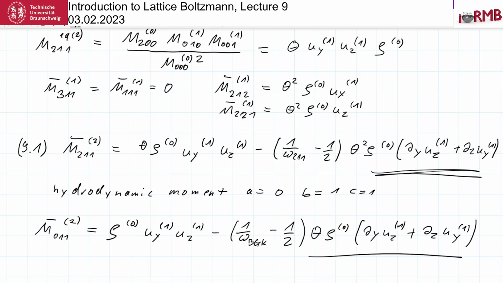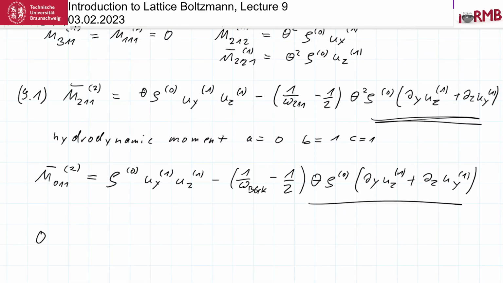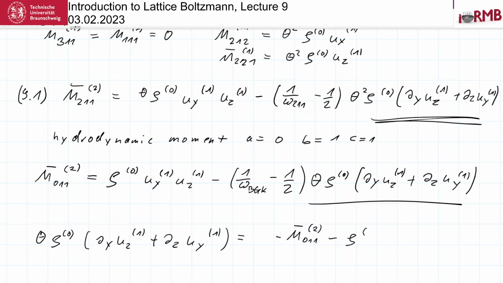So, which means we can solve for this, obviously, right? So we know that theta rho 0 (dy uz first order + dz uy first order) is equal to, let me see that I do it correctly, minus m011 to second order minus rho 0 uy first order uz first order, and all of this divided by, and here comes trouble, divided by (1/omega BGK minus 1/2).